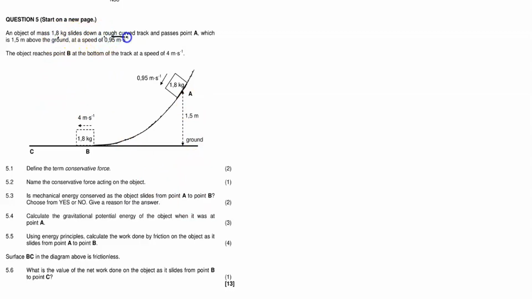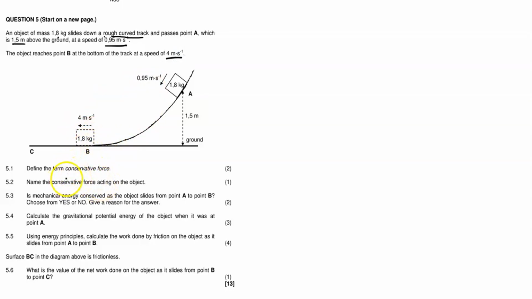Then they tell us that the slope is a rough curved track, and then they give us the height above the ground where it started and the velocity when it starts. They also give us the velocity where it's going to reach, which is point B.